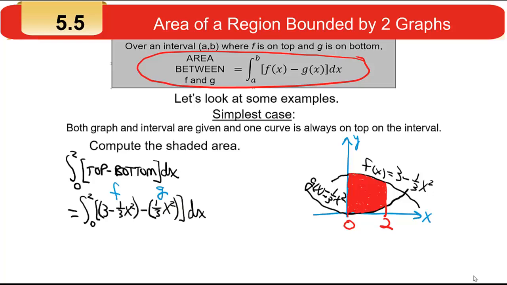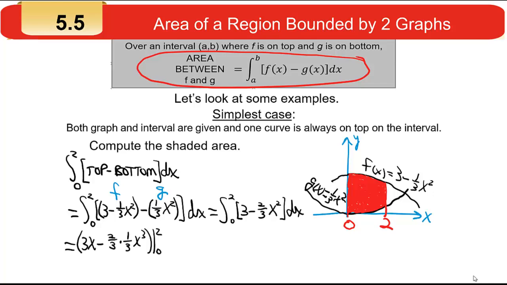So we take 3 minus 1/3 x squared, and we take 1/3 x squared, which is g, and we subtract, top minus bottom. Luckily here, that simplifies very nicely, because minus 1/3 x squared minus another 1/3 x squared is a minus 2/3 x squared. So you get 3 minus 2/3 x squared as the integrand, and the limits of integration again are 0 to 2.